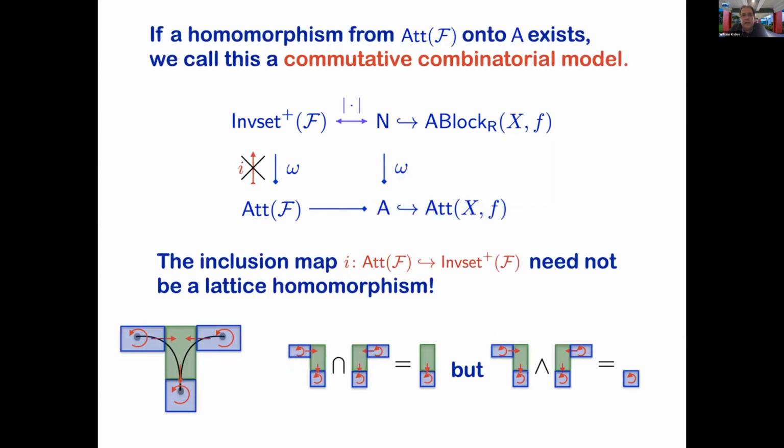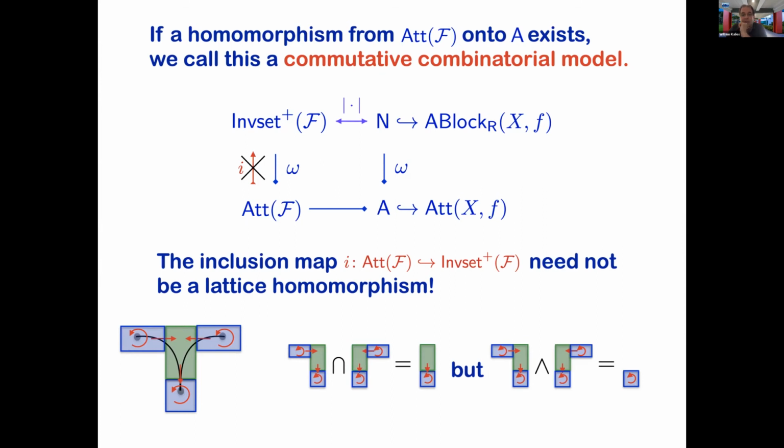So the problem is that if I try to get a map across the bottom between attractors in my combinatorial system and attractors in the real system, I can get such a map because any attractor in the combinatorial system is forward invariant. So I have the inclusion map that goes up on the left, and then I can follow it around to go across. But the problem is the inclusion map doesn't need to be a lattice homomorphism. So what we want is a lattice homomorphism between these things.